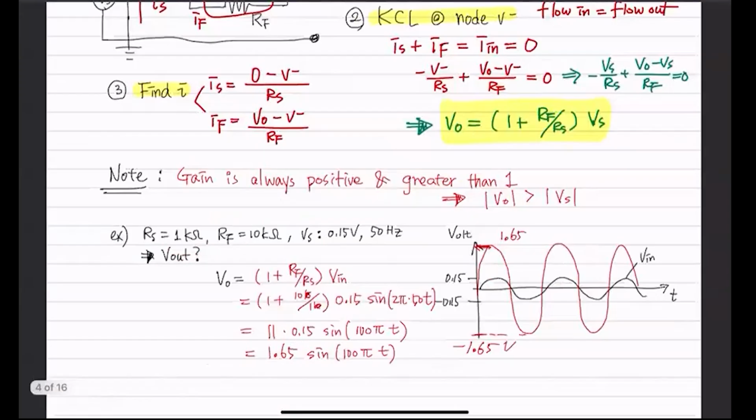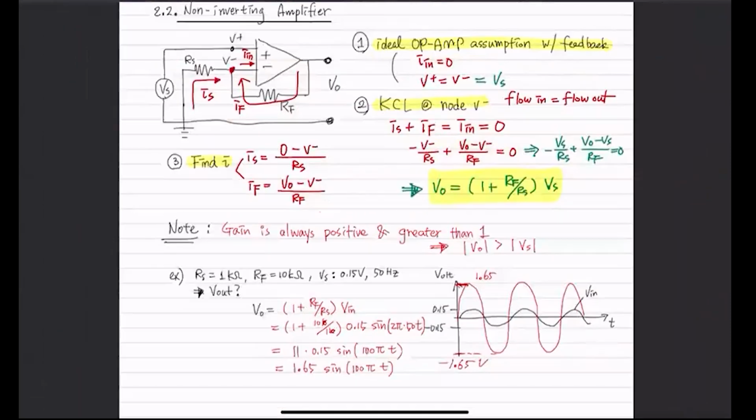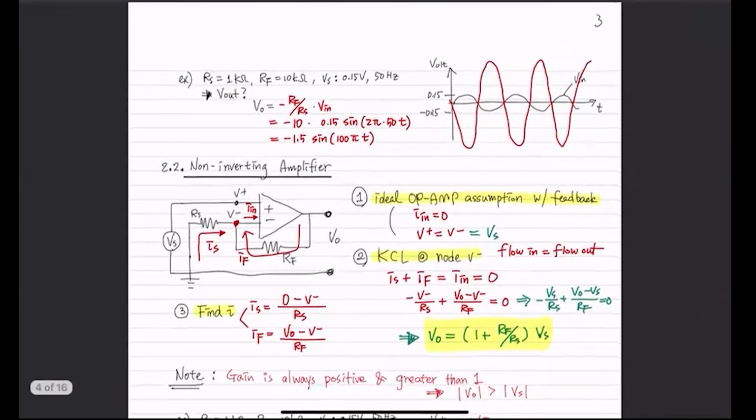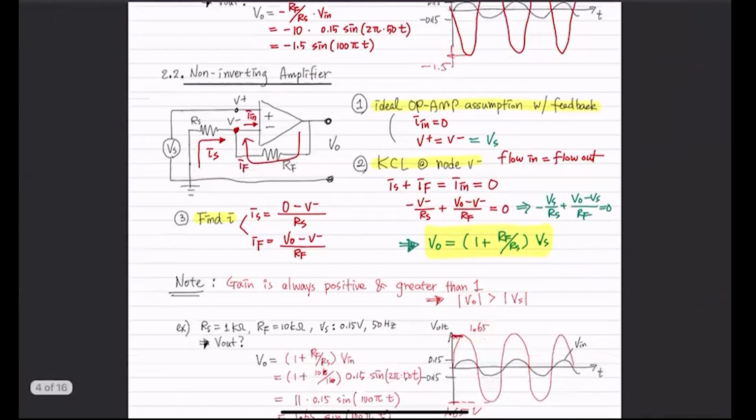And it's just getting greater. From the previous case, it was 1.5. In other words, this here is negative 1.5, and the amplitude here is 1.5 volt, right? And we saw that it's flipped over with 1.5.